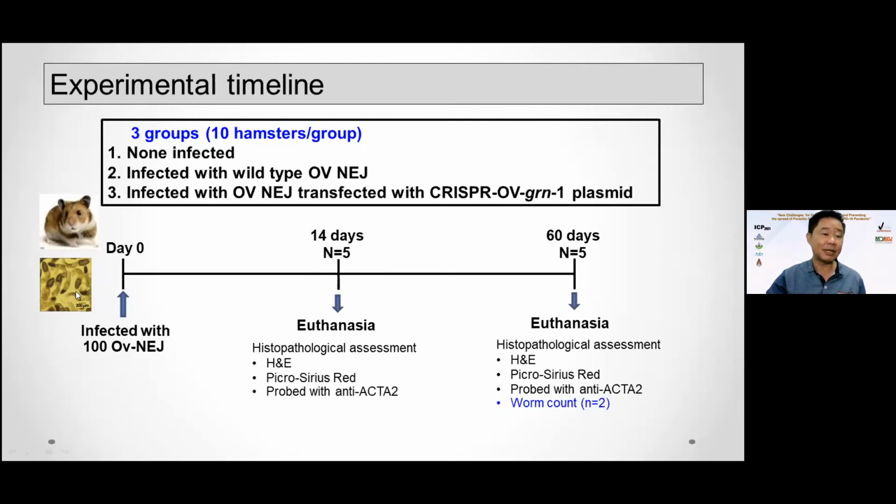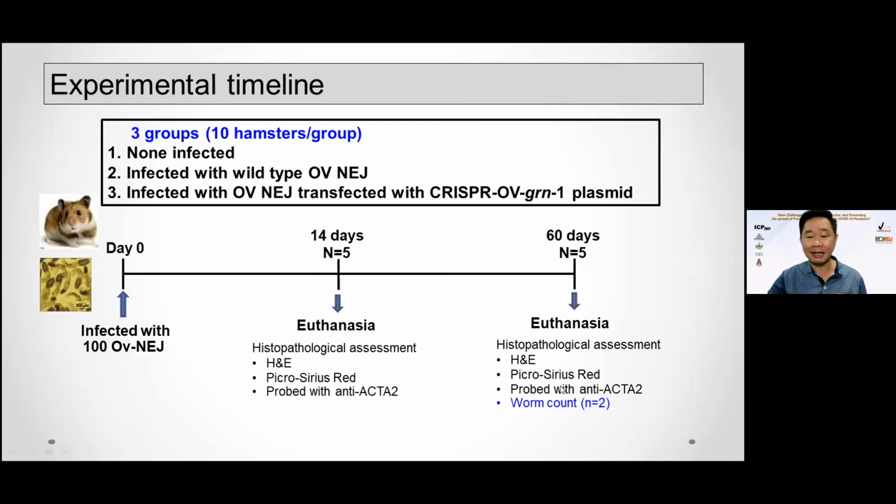After we infect with 100 OV NEJ for 14 days, we get the liver and stain with H&E for the cell proliferation pathology, and then we stain with picrosirius red and anti-actin alpha 2 for the fibrosis. And for 60 days, we do the same thing.